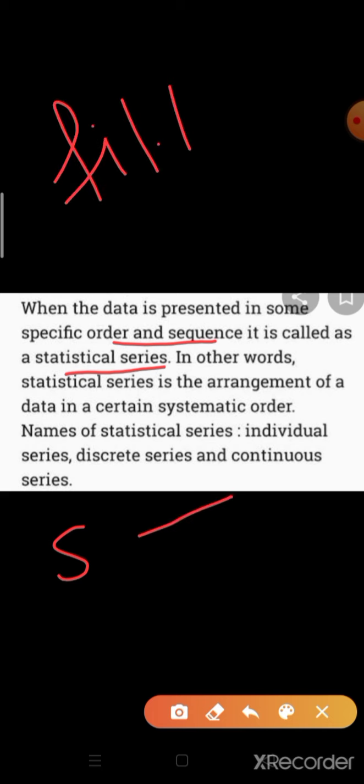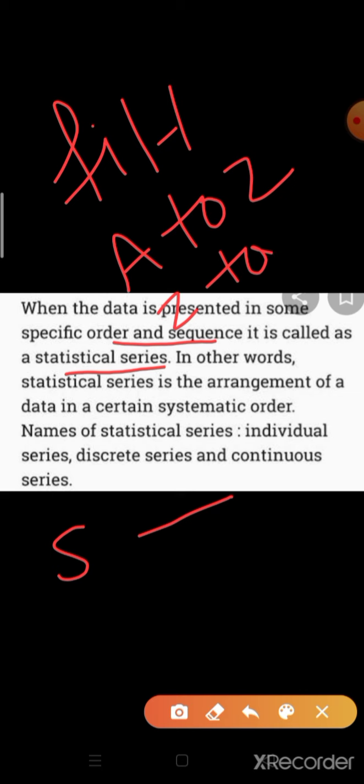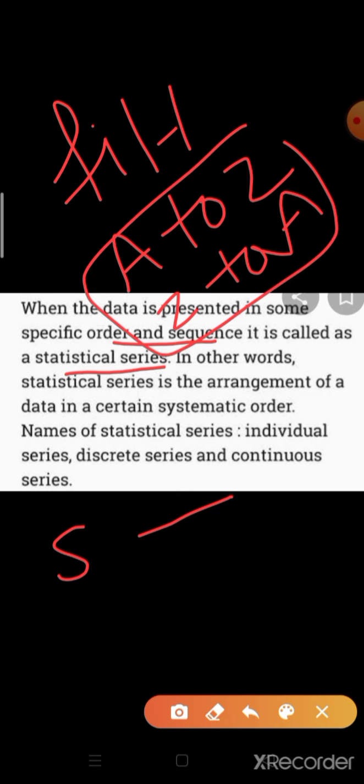When data is presented in some specific order and sequence, it is called a statistical series. When there is a specific order, if we sort and filter our data, it can be arranged from A to Z alphabetical order, or Z to A, or any specific order which you want.